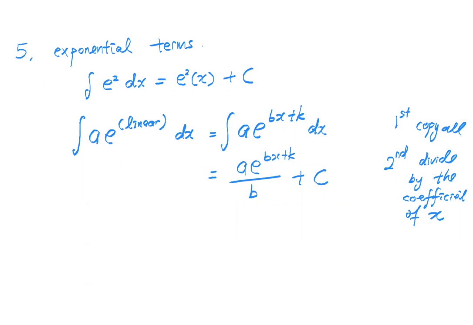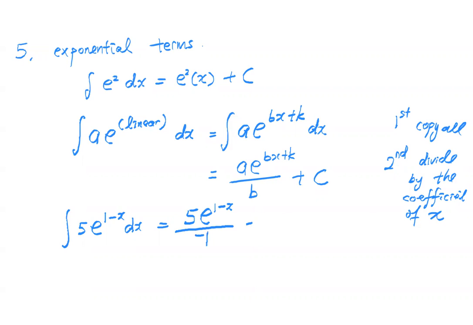Now I ask you to integrate this: 5e to the power of 1 minus x dx. Copy down the whole thing. Divide by the coefficient of x, what is the coefficient of x in this case?